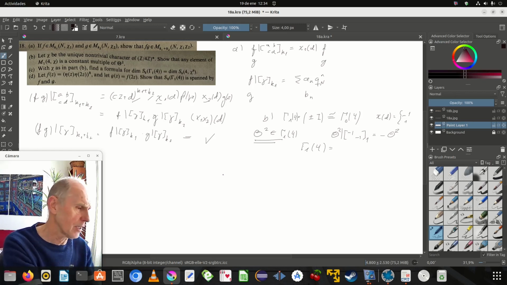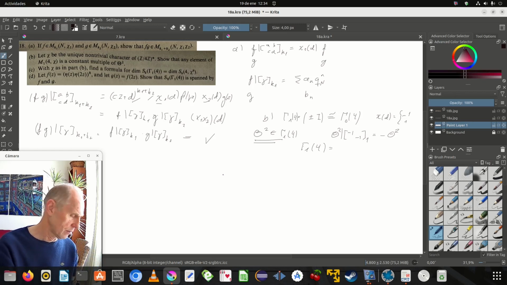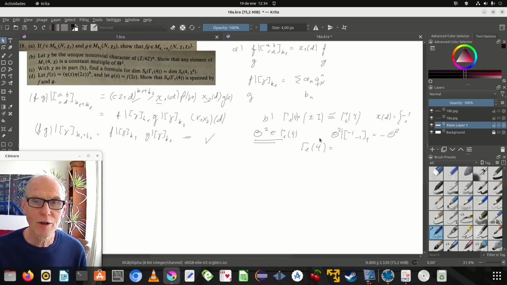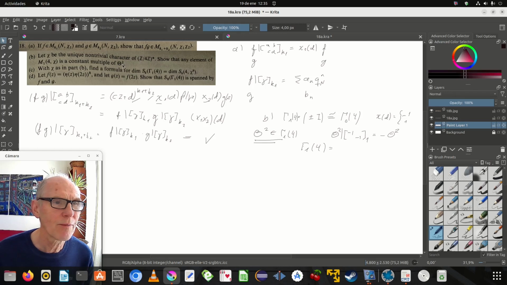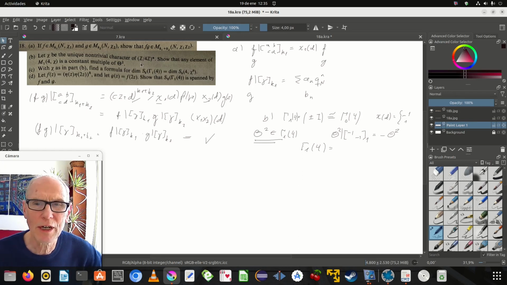I'll just take a look. The lower part here, I was thinking, is actually proposition 29. And this is proposition 30. So B has been done, really.